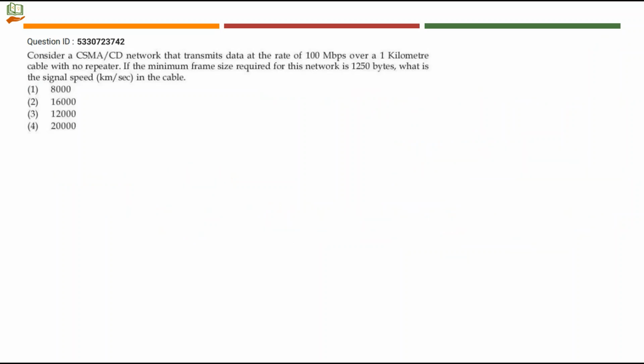Next question. Consider a CSMA CD network that transmits data at the rate of 100 megabits per second over 1 kilometer cable with no repeater. If the minimum frame size required for this network is 1250 bytes, what is the signal speed? Kilometer per second is the unit in the cable.